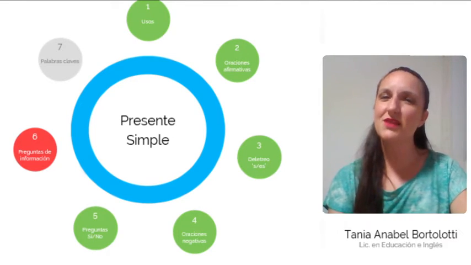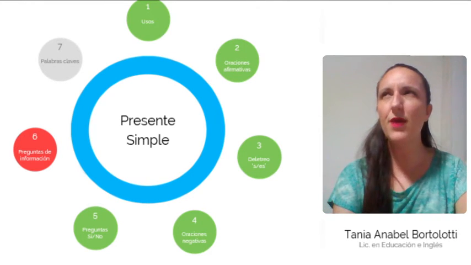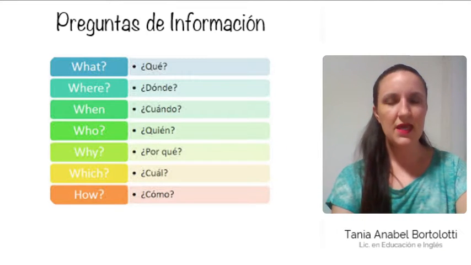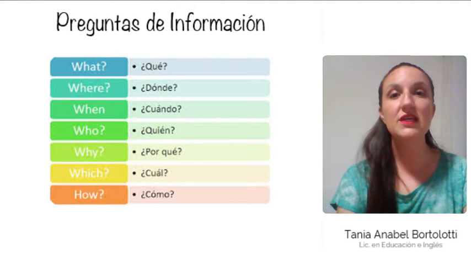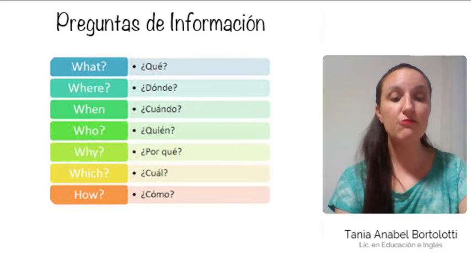And what about the other type of questions? The information questions or WH questions. Why do we call them like that? These are questions that want us to give information, and we have to reply in a full sentence.